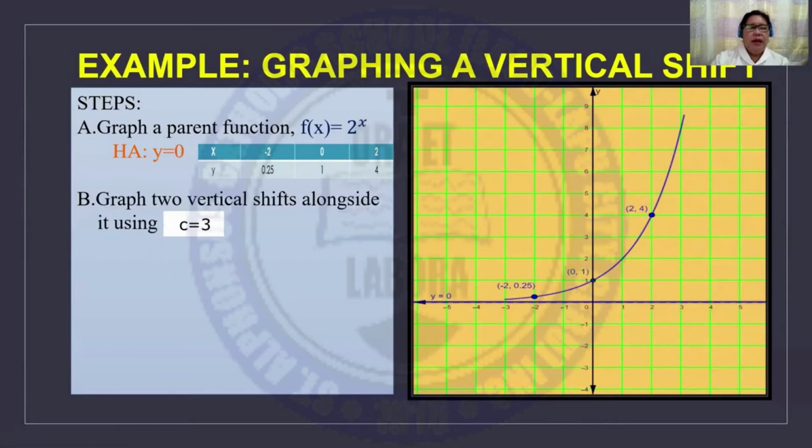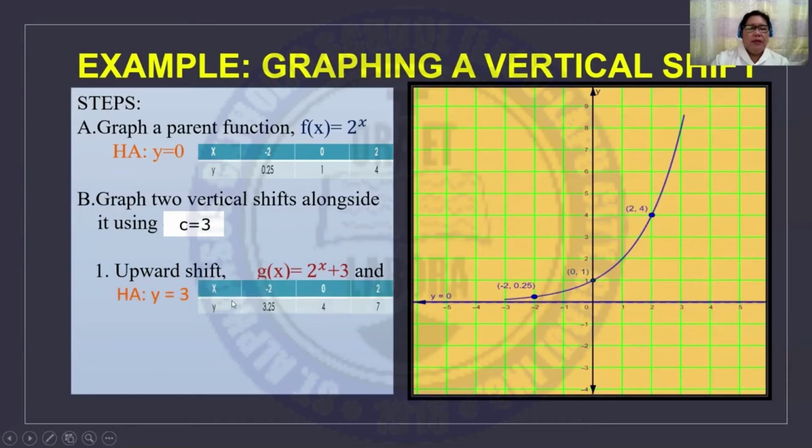Then let us graph two vertical shifts alongside using c is equal to 3. The first one, the upward shift, the second function given is g of x is equal to 2 raised to x plus 3. The horizontal asymptote is y is equal to 3. The table of values: -2, 3.25; 0, 4; 2, 7.